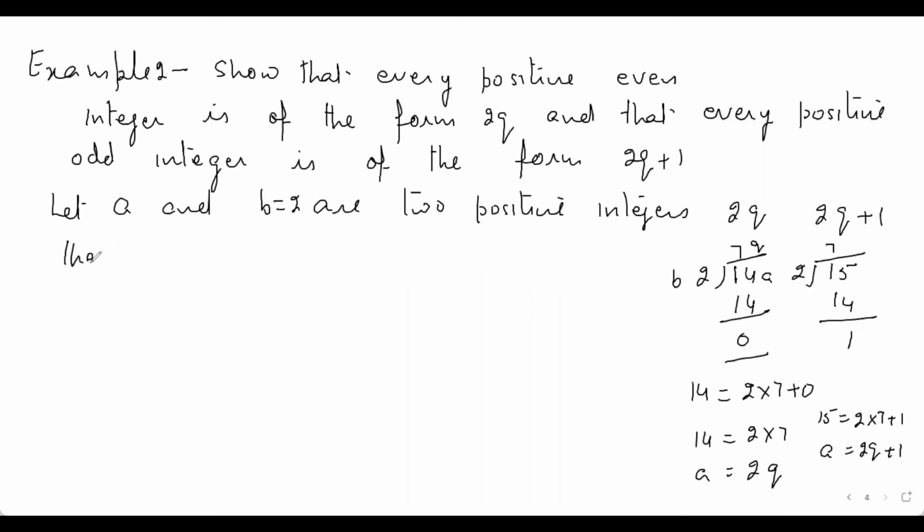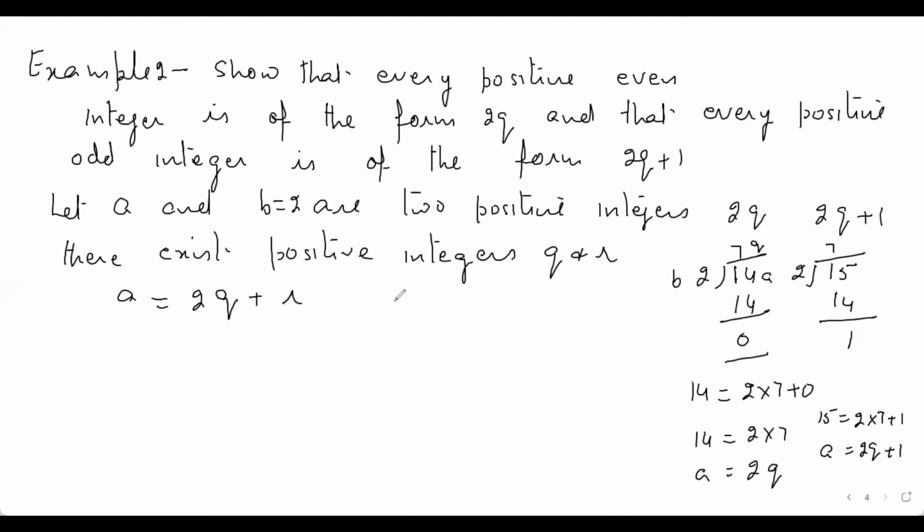So there exist positive integers Q and R satisfying A is equal to 2Q plus R, where R lies between 0 and 2. Value of R should be between 0 and 2, and it can be 0 also. It means value of R can be 0 and can be 1.